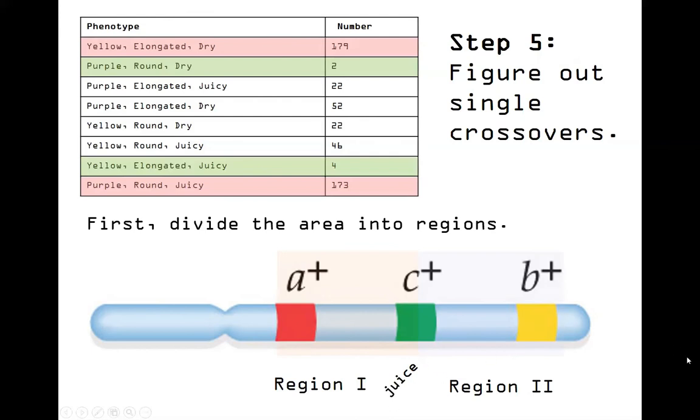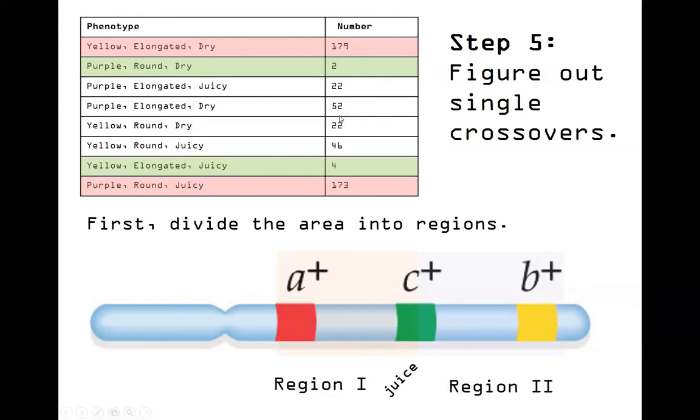Okay, so we've got our regions divided. We're going to be working in region 1 first. What we need to do is group the remaining single crossover categories together, remembering that these numbers are generally going to look paired. We saw in the double crossover category similar parental numbers. In order to pick out whichever region we're working in, we want the numbers to match.